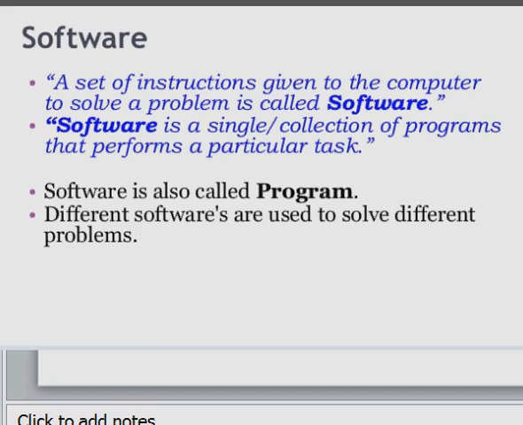Different softwares are used to solve different problems. Different kinds of problems cannot be solved by a single program or single software. There may be different kinds of problems, and for different kinds of problems we may require different kinds of softwares also. That's why different softwares are used to solve different problems.